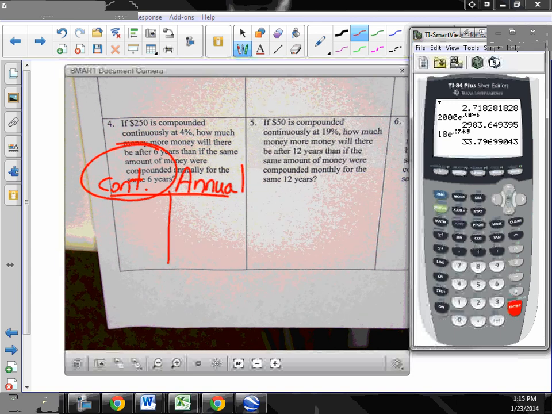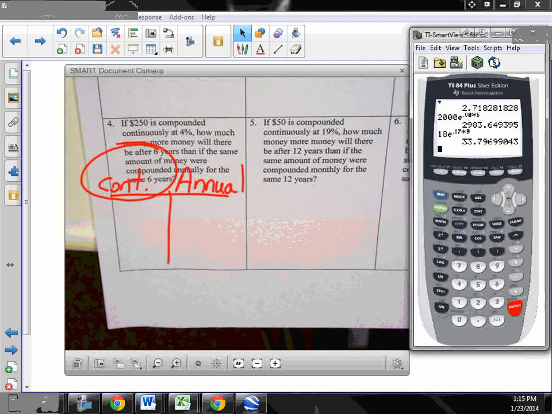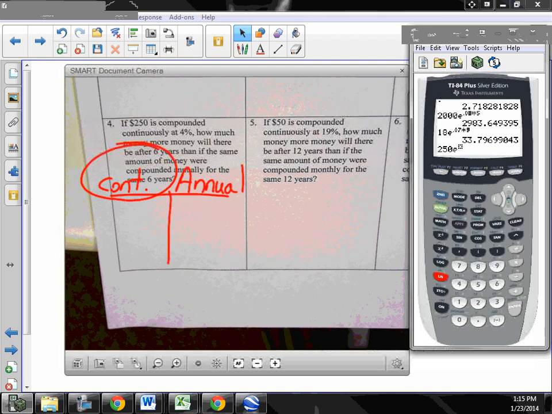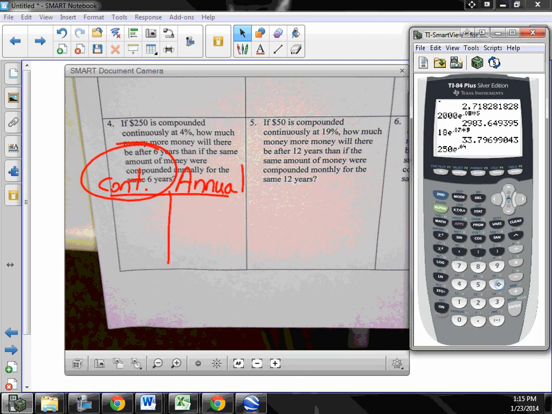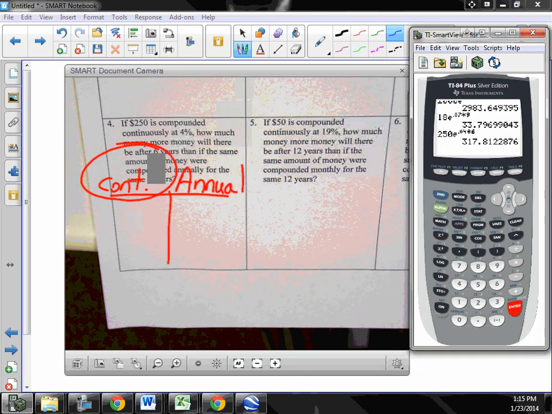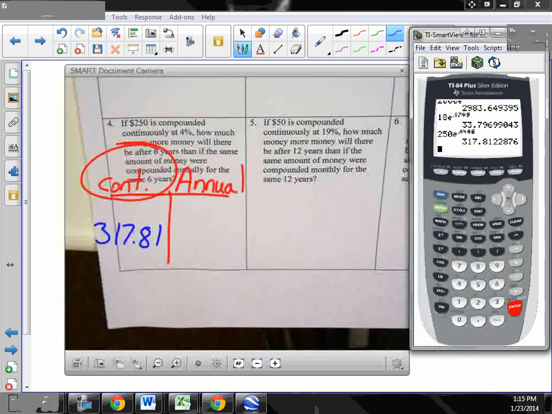So we need to use the new formula, 250 e raised to the 0.04 for how long? Times 6. So we get $317.81. And how do we calculate annual?